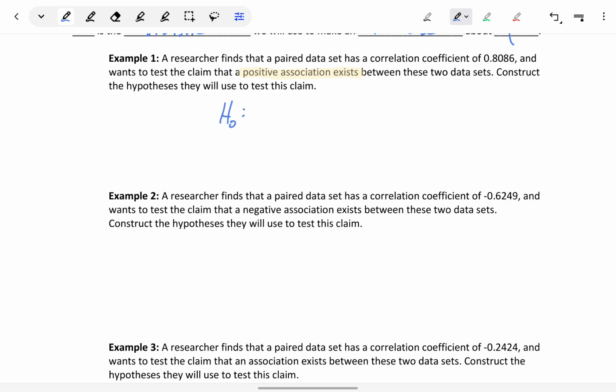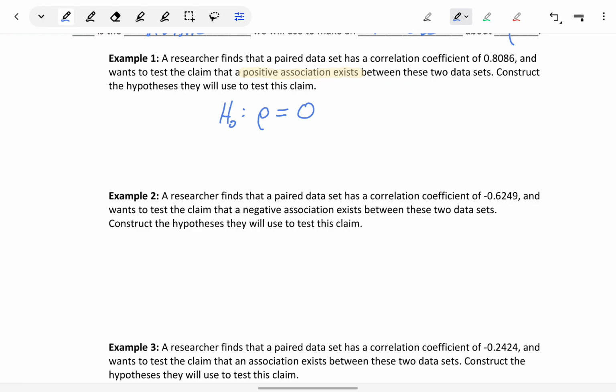When we set up hypotheses before, the null hypothesis was always a statement of exact equivalence. That's going to be the same here. So we're going to have rho exactly equal to, in this case, 0. Because if the correlation coefficient is 0, that means absolutely no association.